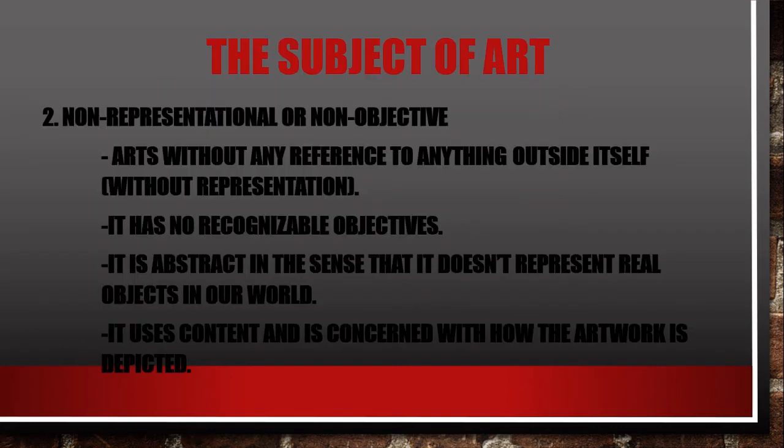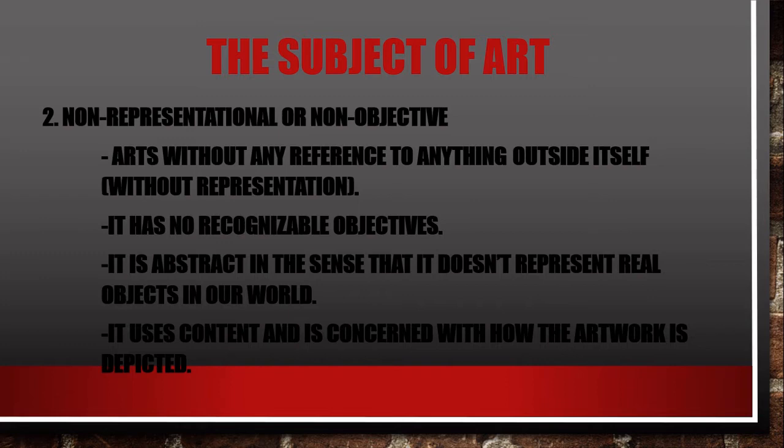Next, we have non-representational or non-objective. These are those arts without any reference to anything outside itself, or without representation. It is non-objective because it has no recognizable objects. It is abstract in the sense that it doesn't represent real objects in our world.